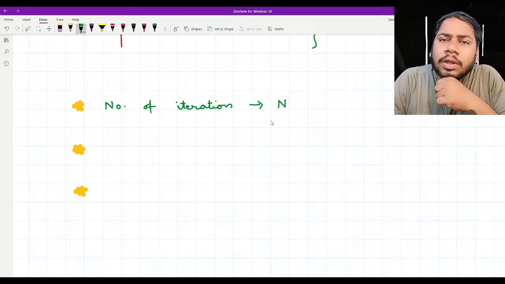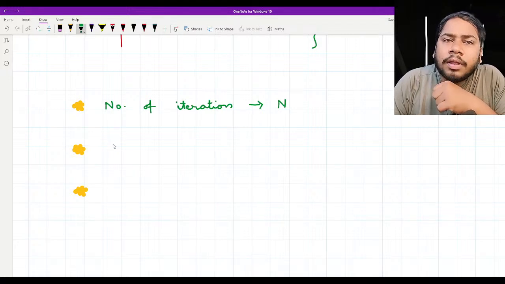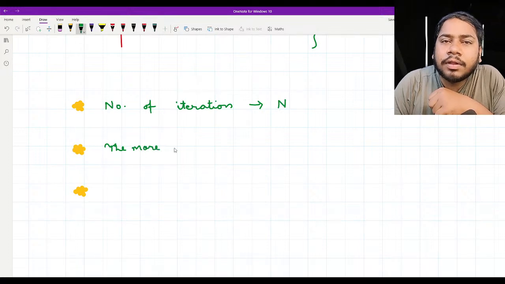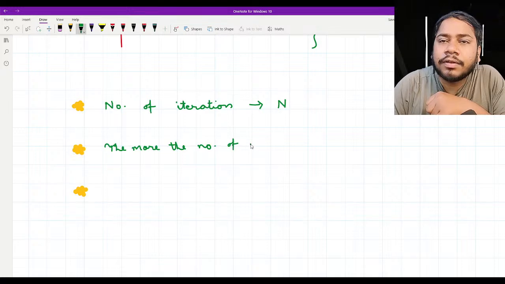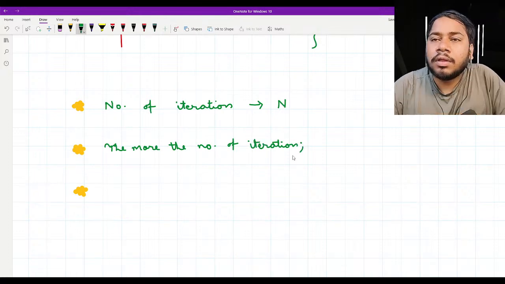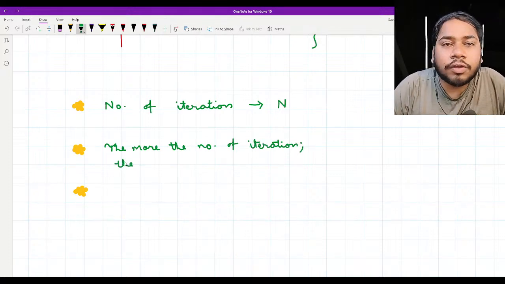The more the number of iterations, the more the cost.